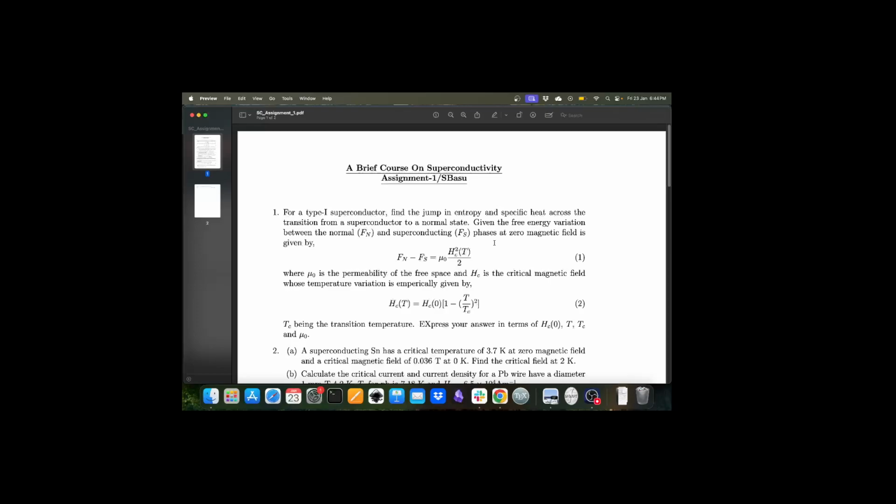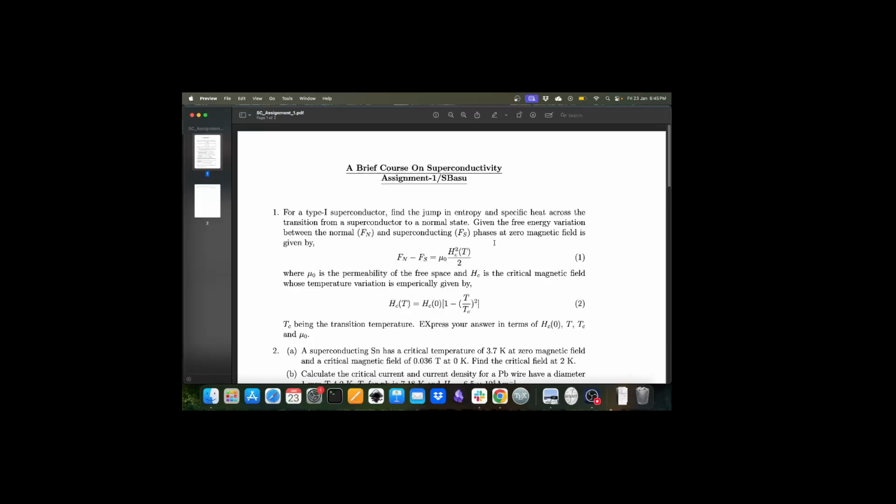The first assignment is for a type 1 superconductor. Find the jump in entropy and specific heat across the transition from a superconductor to a normal state. So we need to find the jump in entropy.